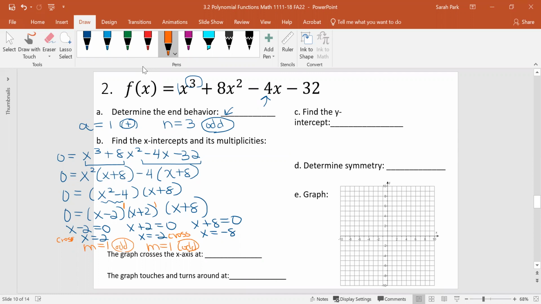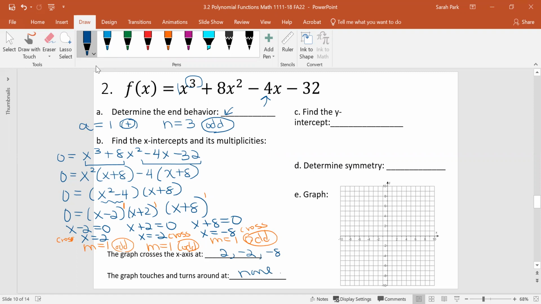And then finally at x equals negative 8, the multiplicity is 1 again, so it's odd. And that means at negative 8 it crosses. Okay, so the graph crosses the x-axis at these x-intercepts at 2, negative 2, and negative 8. And it does not touch and turn around at any of those x-intercepts. So none.